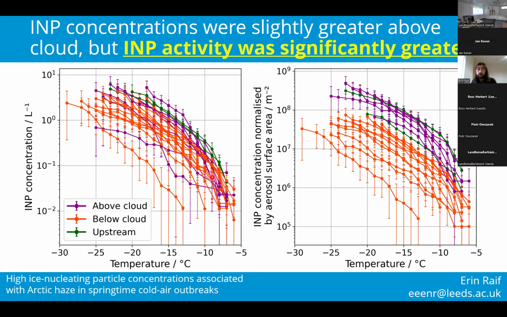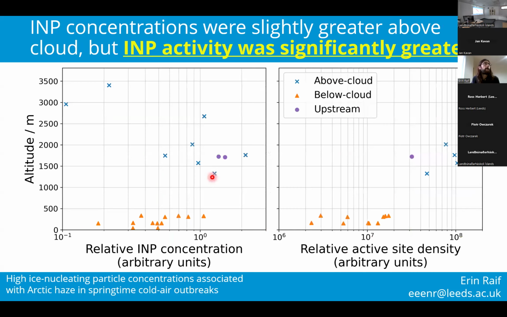But once you pull this out to be activity instead, you see the activity above the clouds is greater than those below, which means that the more dominantly active IMP, these dusts, are appearing above the cloud systems, in a region where there's not much vertical transport.